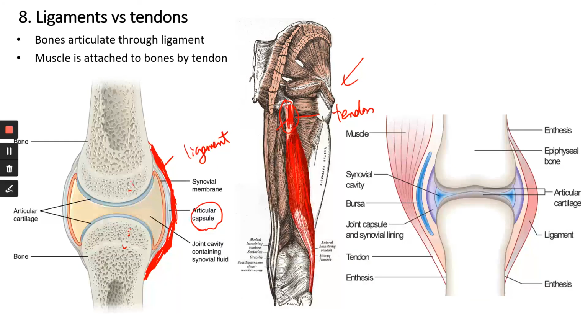So that's the difference. Ligaments attach bone to bone, but tendons attach muscle to bone. I include this picture because it has both structures. You have the muscle, and there's the tendon. The tendon keeps the muscle attached to the bone, and over here you have the ligament. The ligament holds the two bones together.